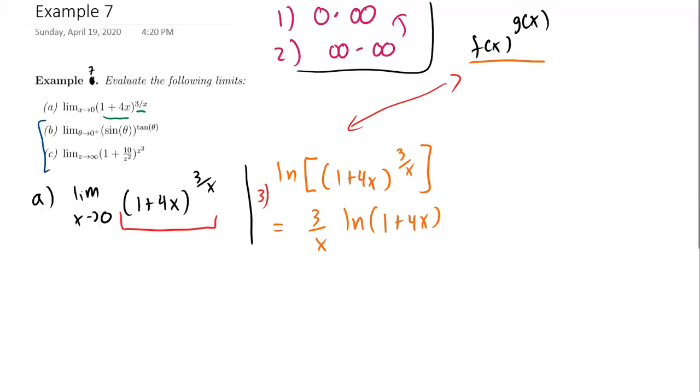Now that we've done this, what do we do next? Instead of working with the original limit, we work with this other limit of the thing we just rewrote. Obviously, these two limits are not the same. But since we took the natural log first, once we find what this limit is, say we get 5, what's the limit of the original problem?